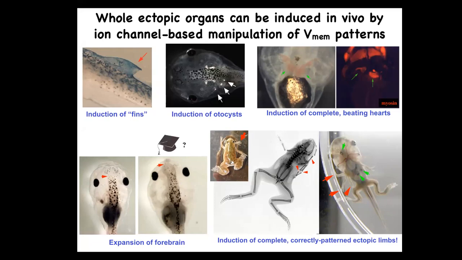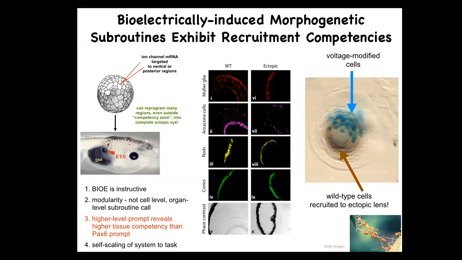We're actually calling up new organs, and this is maybe my favorite example of that, which is this. We take a frog embryo and we inject some ion channel RNA. These are potassium channel RNAs that were specifically chosen to make a voltage spot of the kind that you saw in that electric face that corresponds to an eye spot. And what we would do is inject that into a region of the animal that would become, let's say, gut.